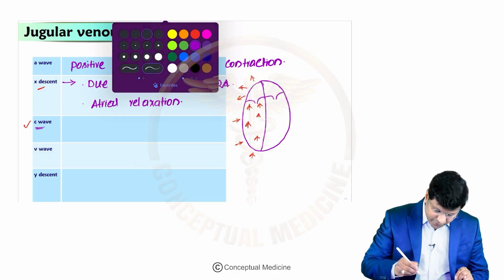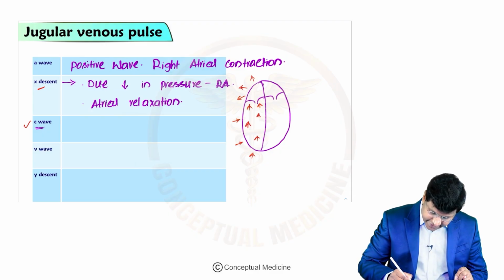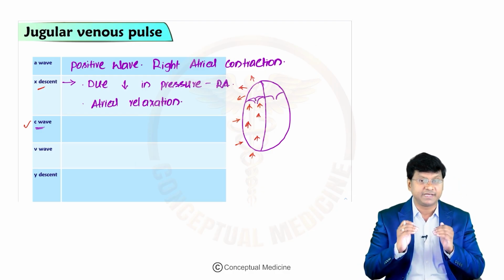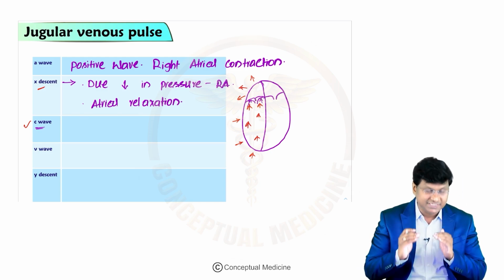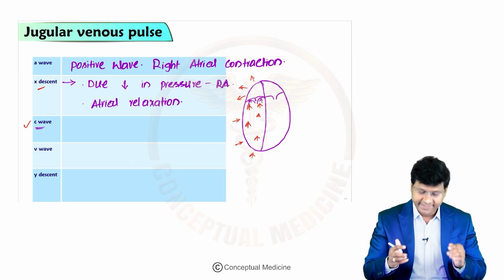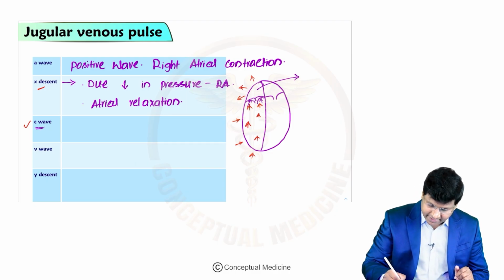So thereby what will happen to your tricuspid valve? The tricuspid valve closes and it bulges into the right atrium. So thereby what will happen to your right atrial pressure?